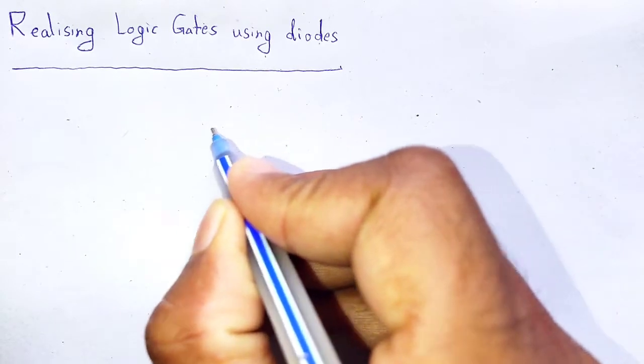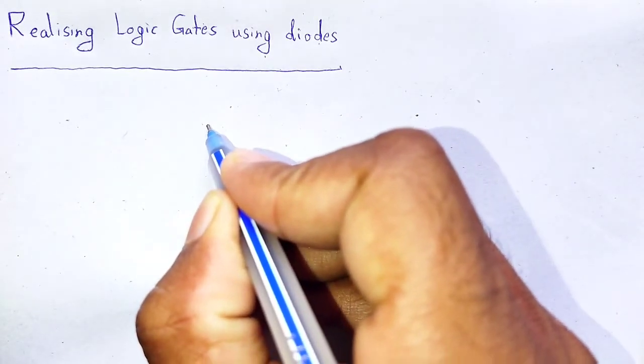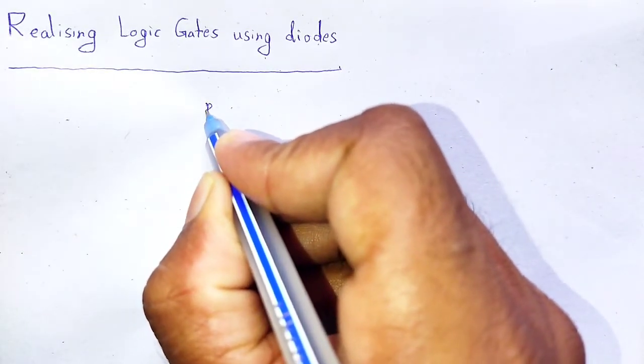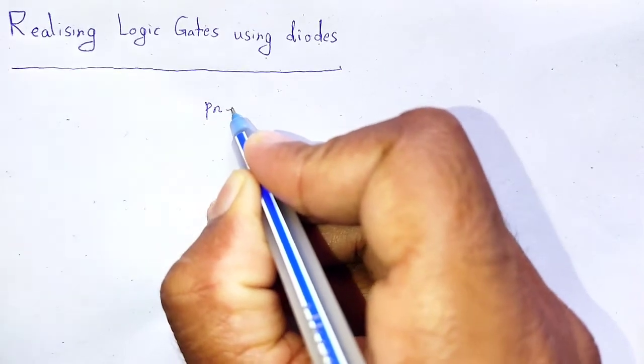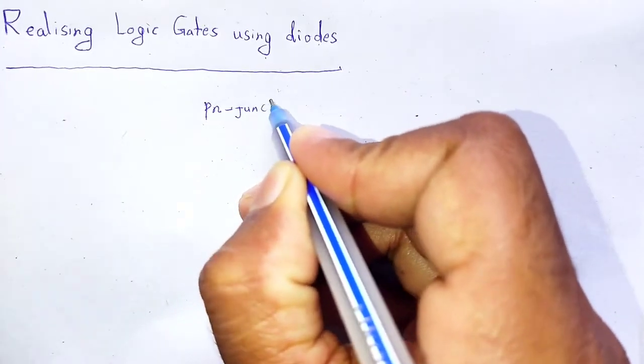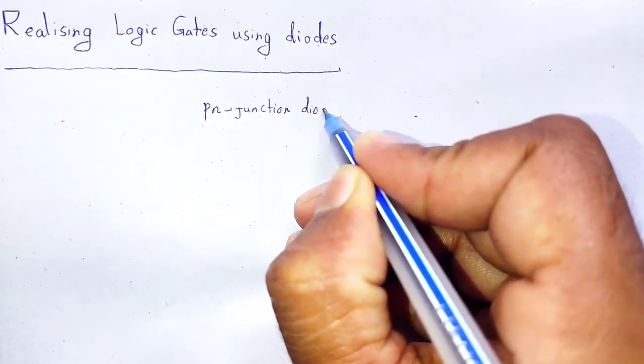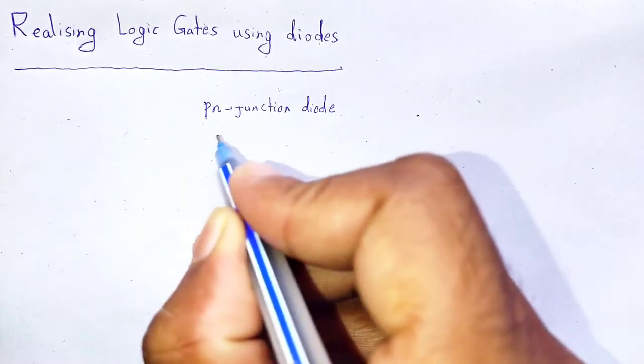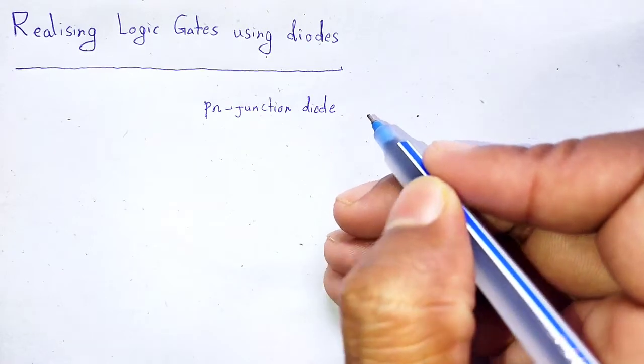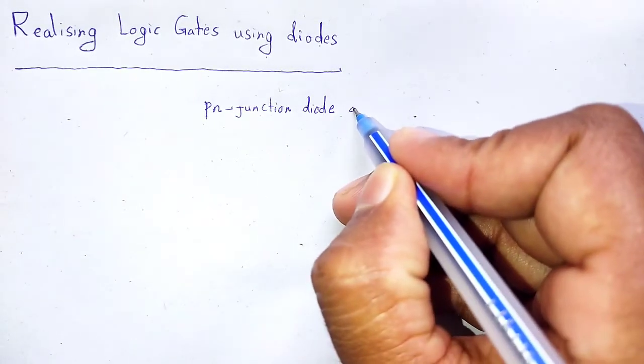Let us consider a PN junction diode, or we can say just a simple diode.